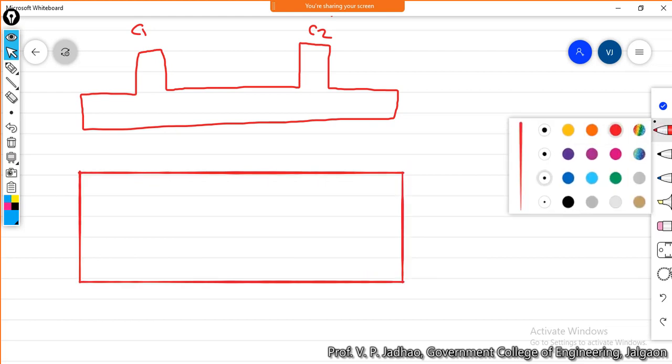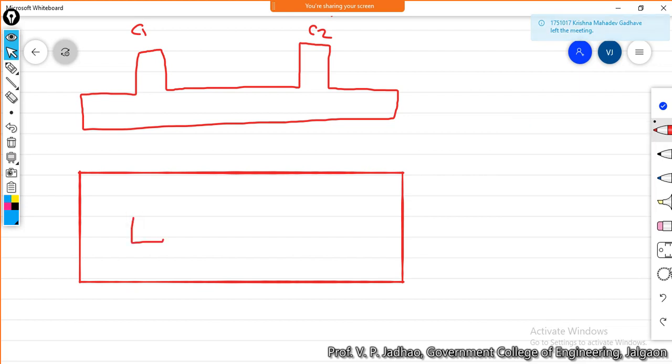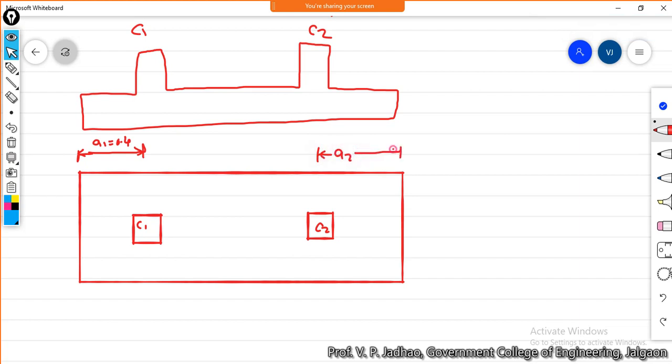We have column C1 like this here, column C2 somewhere like this here. This distance A1 is equal to 0.4 meter. This distance A2 is 1.32 meter.